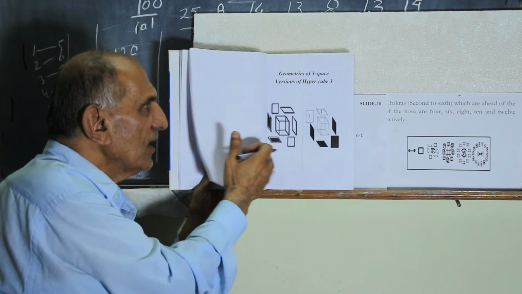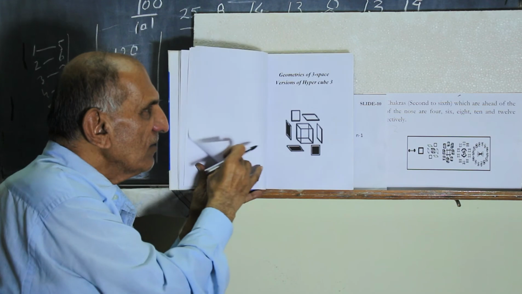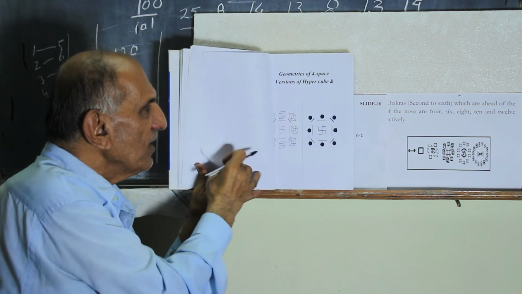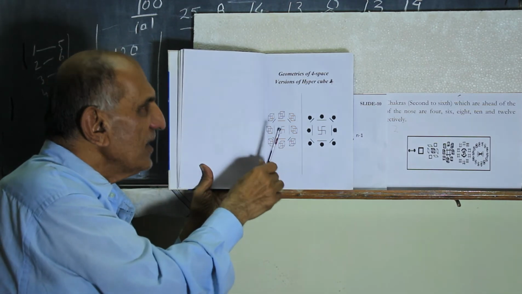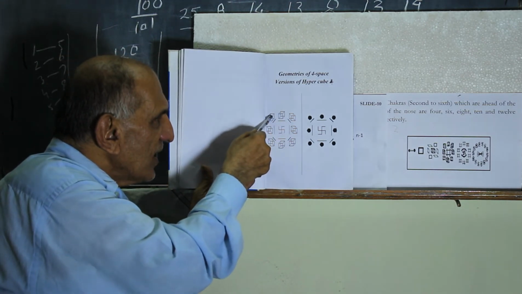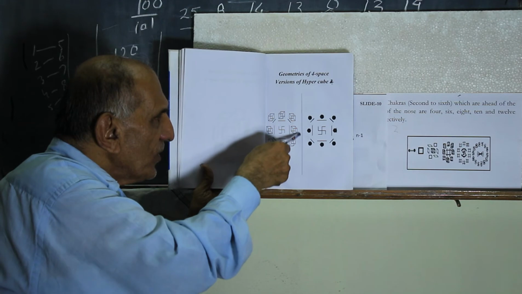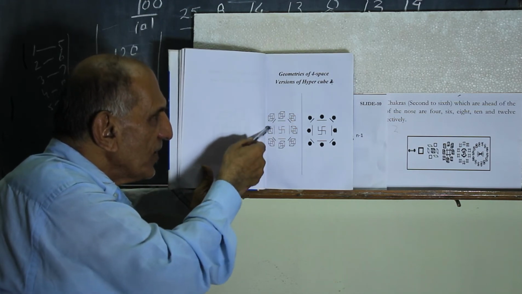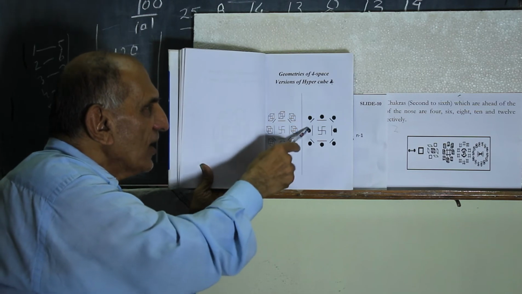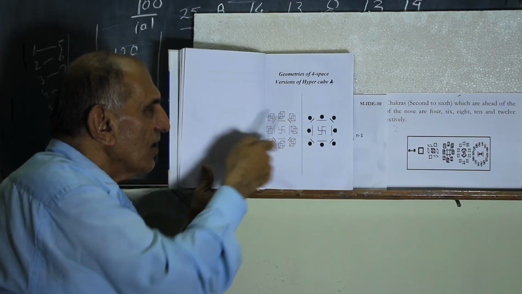A step ahead, when we reach 4 space, when we reach hypercube 4, we will see that hypercube 4 is enveloped within a solid boundary of 8 components. So there is a stage when all the 8 boundary components are intact or none of the boundary components is there.